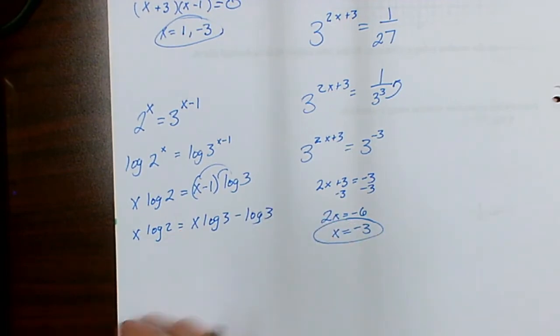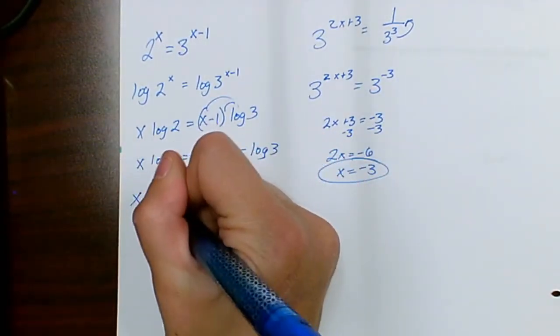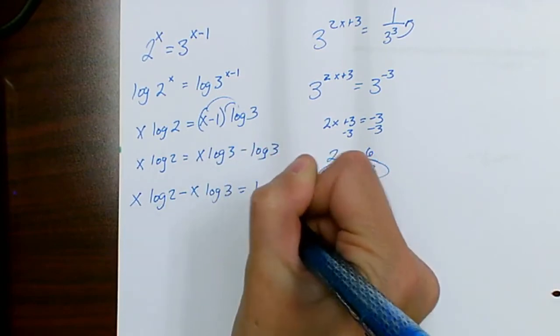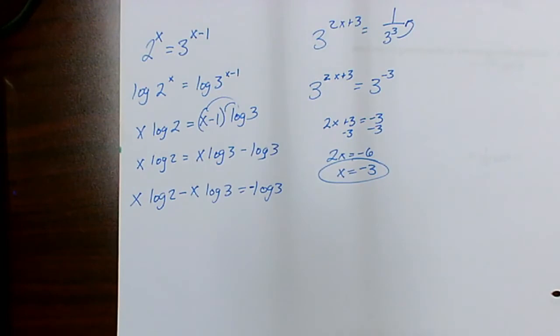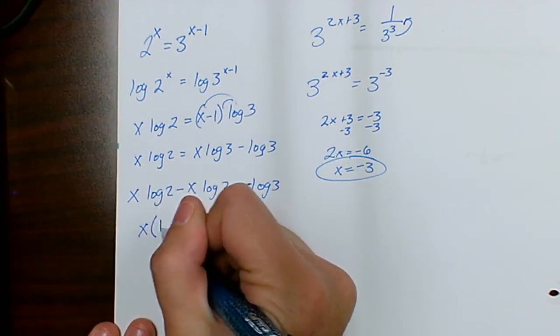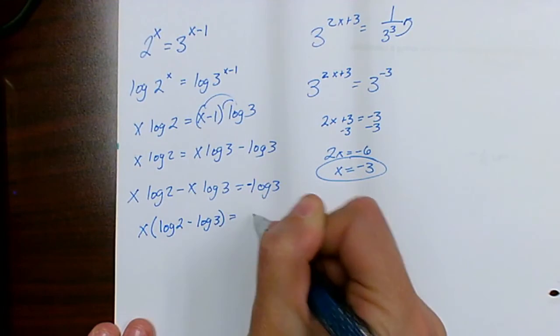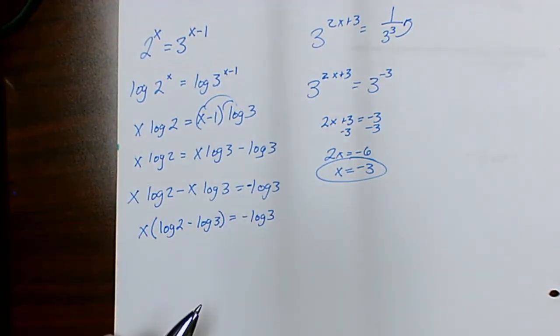And now we need to group our x's together. We have too many x's on the playing field. So x log 2 minus x log 3, and then that's still negative. Go ahead and bring the x's together so that you need to factor out an x.